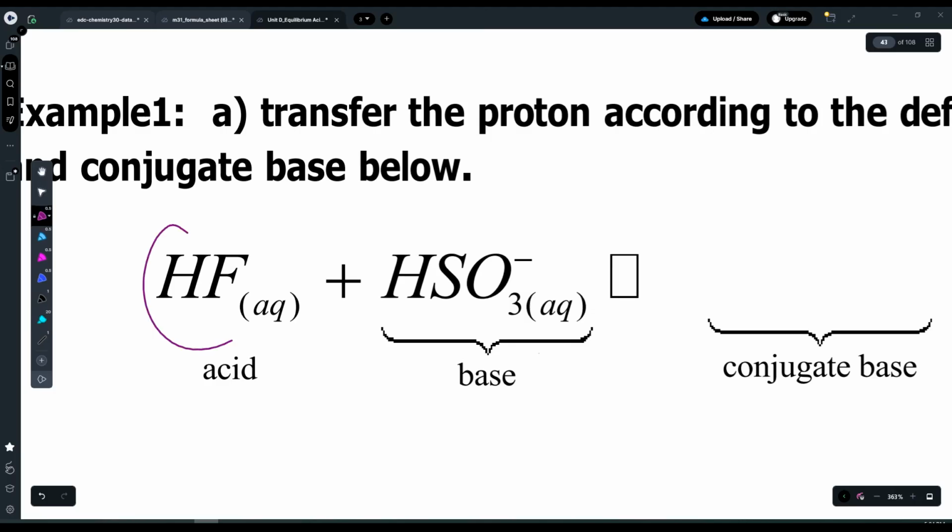Okay, for naming a compound like this, you'd be using your classical naming or your traditional naming system that was gone over in Chem 20.